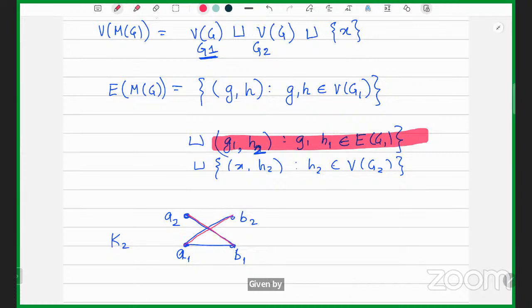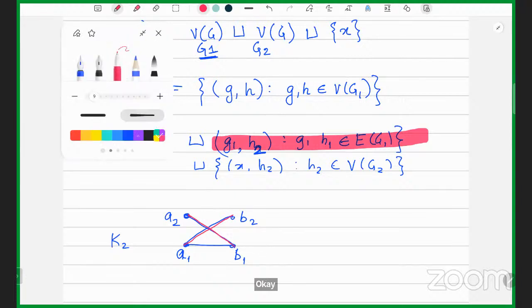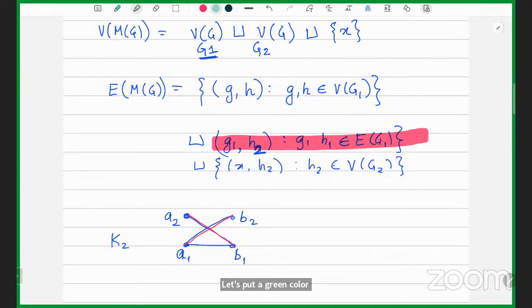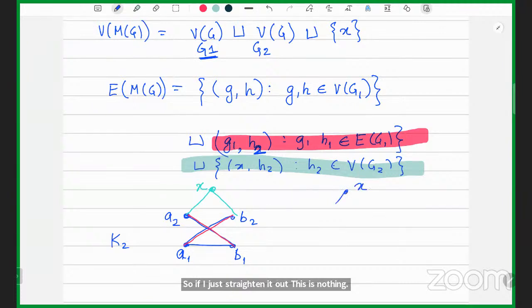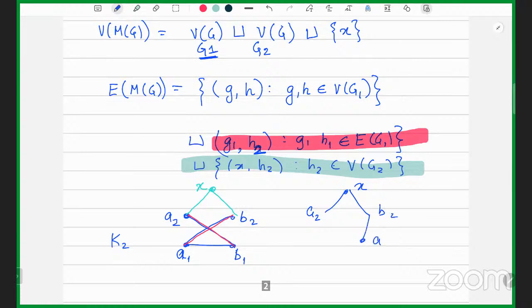And then at the end, let's say put a green color. These edges are going to come from this X. So if I just straighten it out, this is nothing but X, A2, B2, A1, B1, and this.